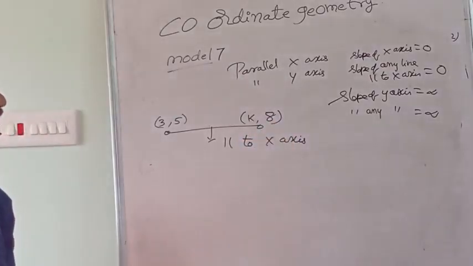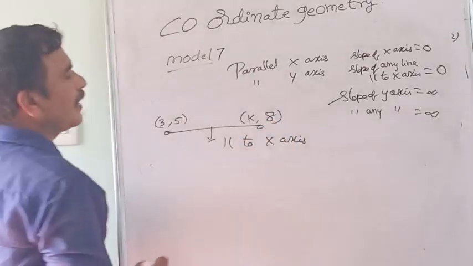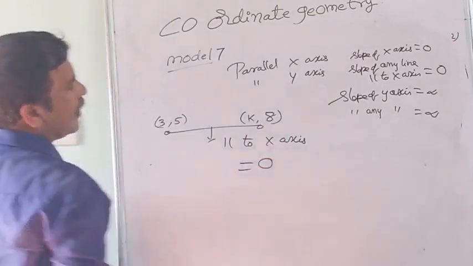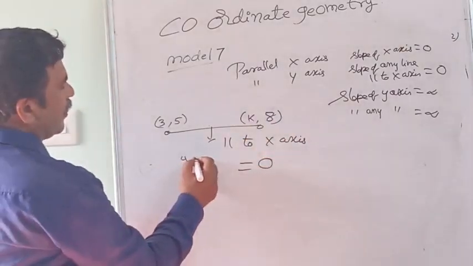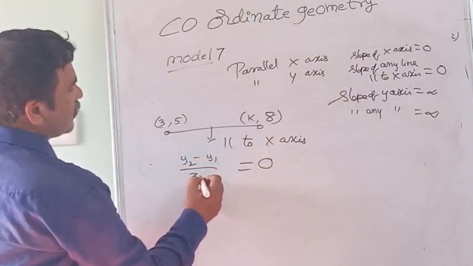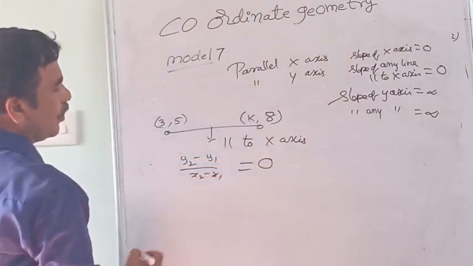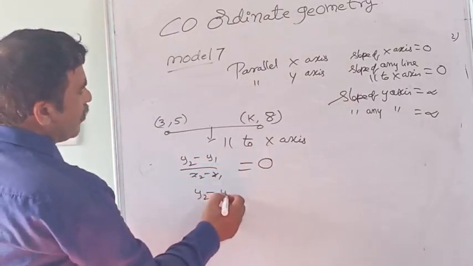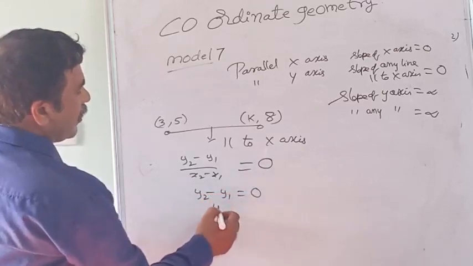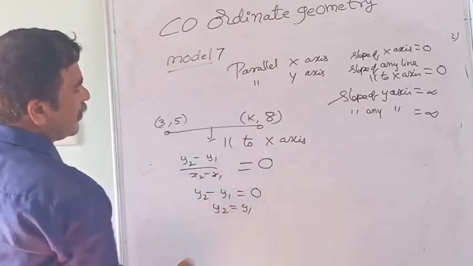Parallel to x-axis means slope 0. That means take slope formula y2 minus y1 by x2 minus x1 as 0. Therefore, y2 minus y1 is equal to 0. Therefore, y2 is equal to y1.